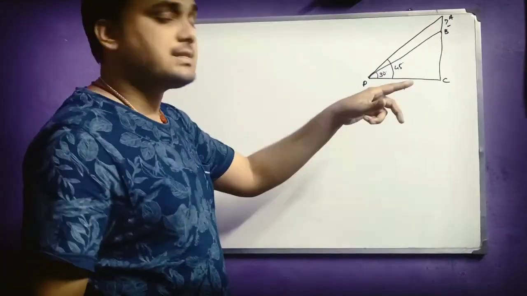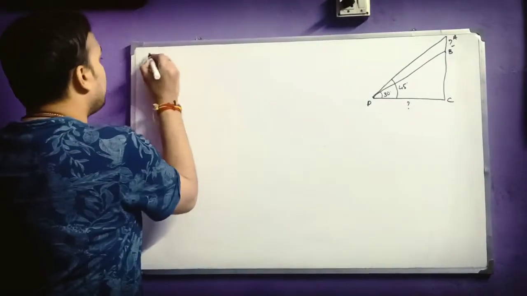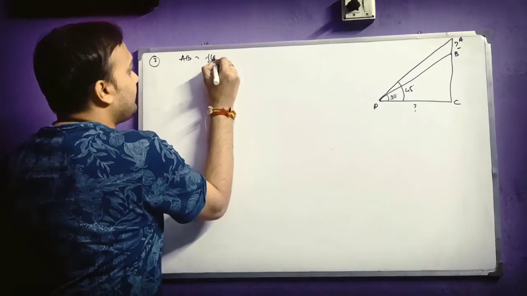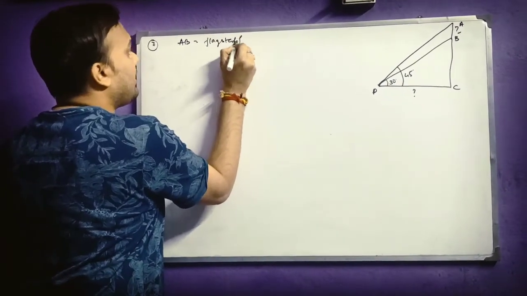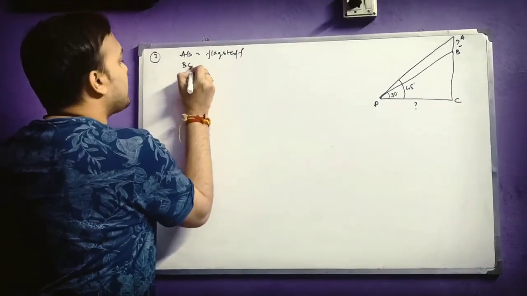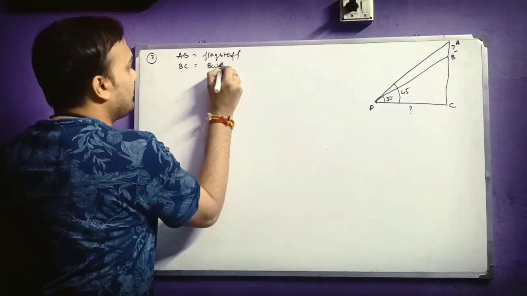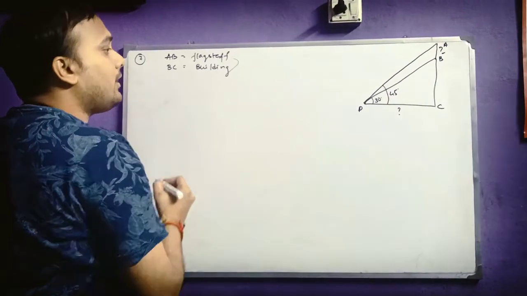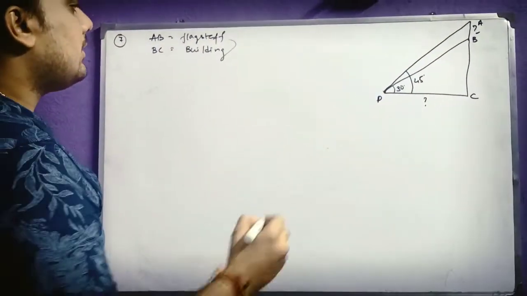Now here AB is representing the flag staff, and BC is representing the building.